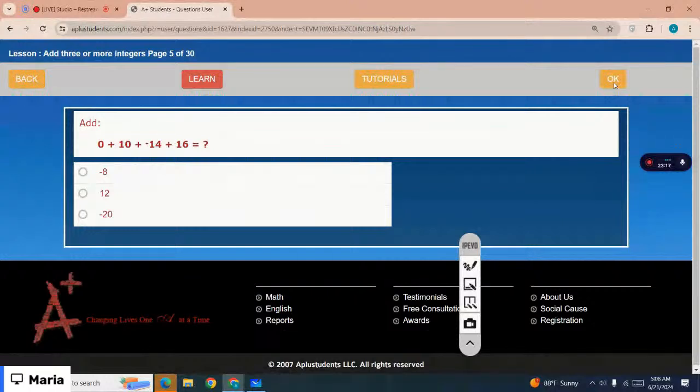So which is the correct option? 26 minus 14 is 12. Option number 2 is the correct option, that is 12.